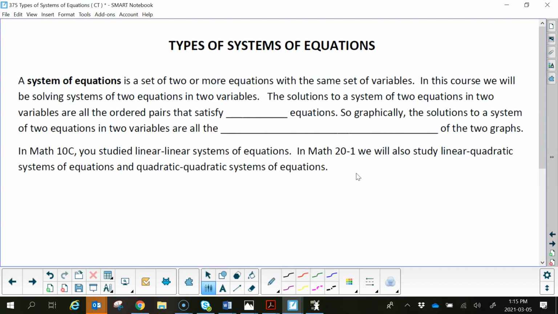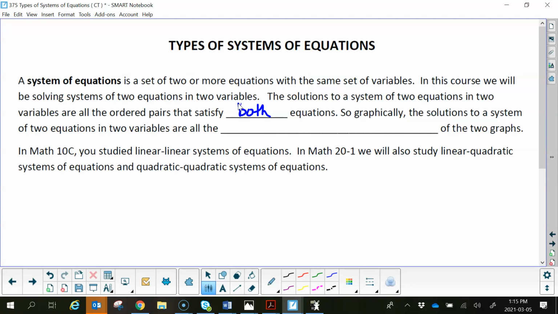In any case, remember, a system of equations is a set of two or more equations with the same set of variables. In this course, we will be solving systems of two equations in two variables. Solutions to a system of two equations in two variables are all the ordered pairs that satisfy both equations. Remember, when it's a linear system, you just get one ordered pair.